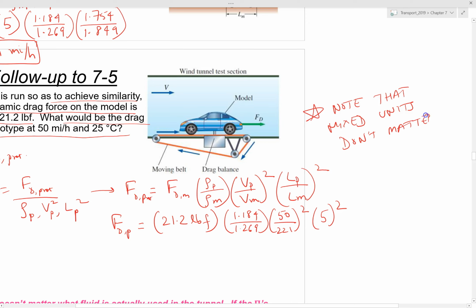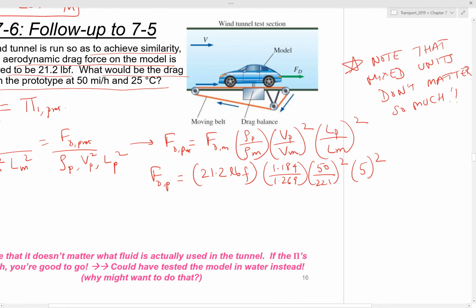Just know what to equate. That is the most important thing actually. Units don't matter so much. So FDp is 25.3 pound force.